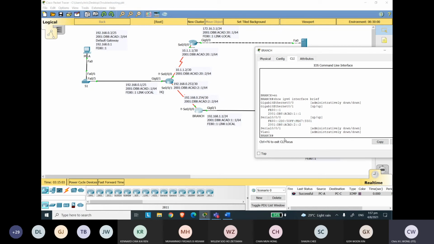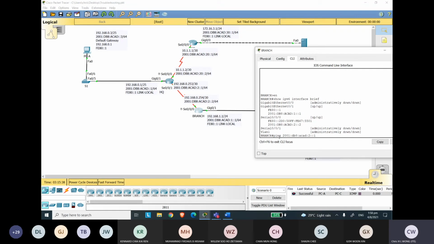Okay, can you see whether you can ping up there now? You should be able to ping because there's no error. So everybody check for me, please. Ping 2001:DB8:ACAD:2::1.